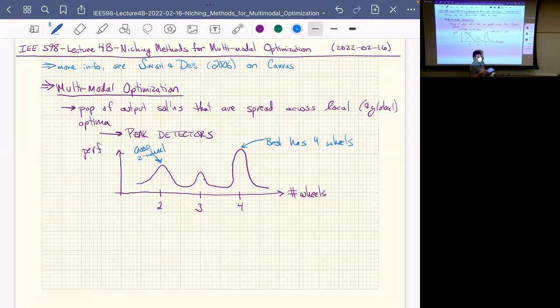If sometime later you find out that you're in an application space where you can't afford 4 wheels on a vehicle, you're constrained, or there are other reasons why you might prefer a 2-wheeled vehicle, then you've got the best 2-wheeled vehicle as well. So it gives you a bunch of different options.